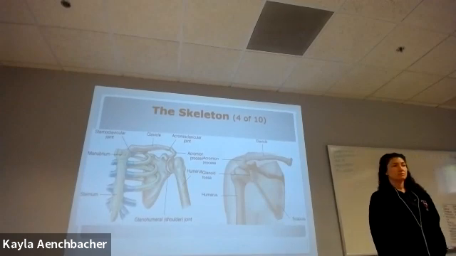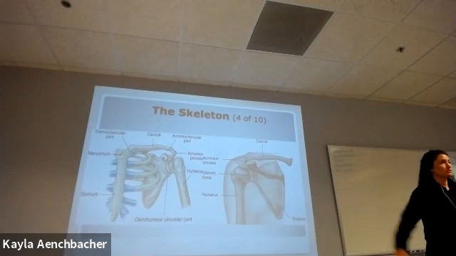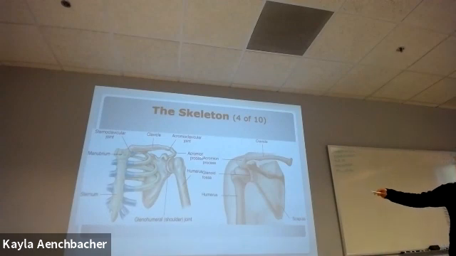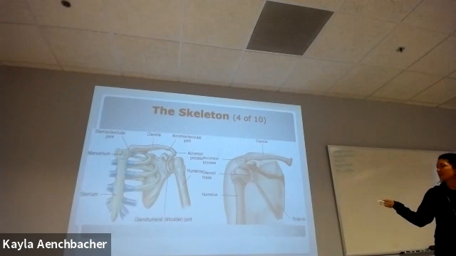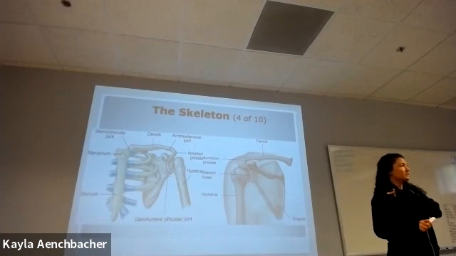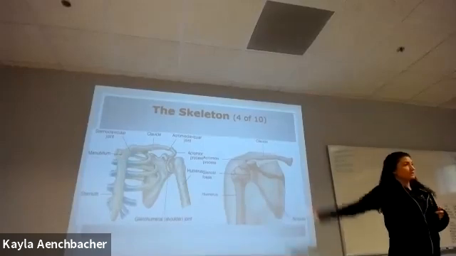As we have our shoulder joint, what helps compose our shoulder joint? Okay, so clavicle, scapula, the acromion process. We've got the humeral head that helps form that joint. Okay, what kind of joint is the shoulder? Ball and socket, right? We can do a circular motion.